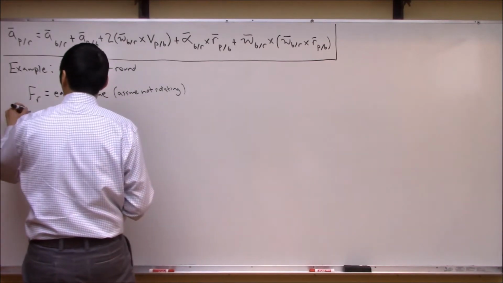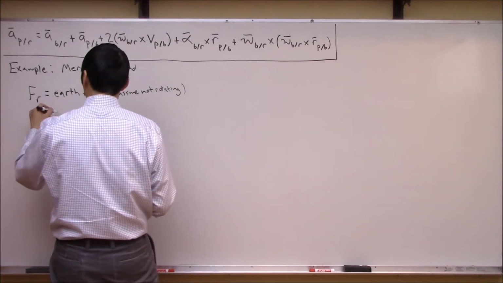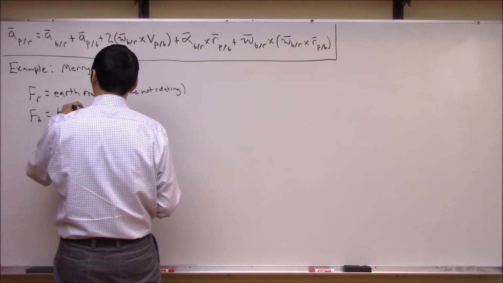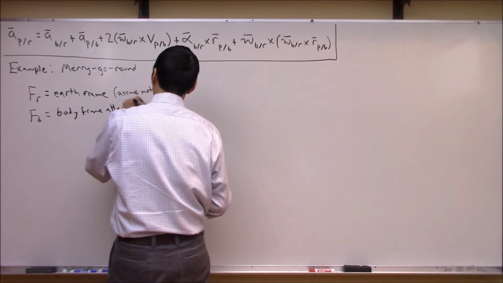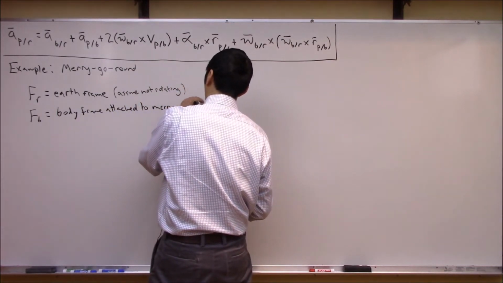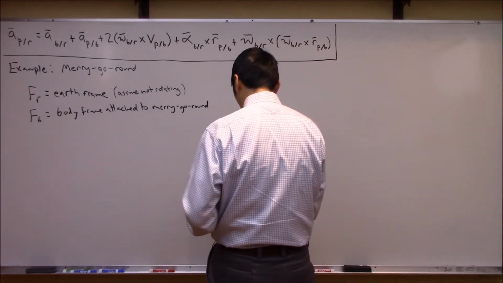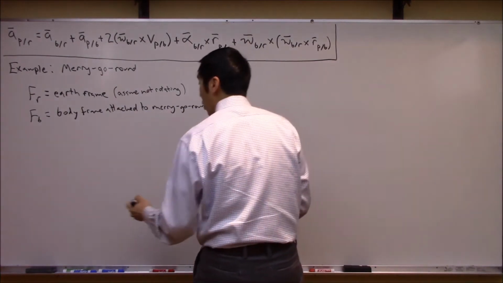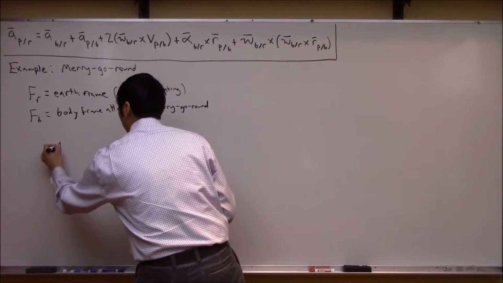And then our body frame here is going to be the merry-go-round, right? So again, this is our body frame attached to the merry-go-round, right? And we showed that in the video, so I'm just going to go ahead and draw this real quick. So we are going to have a reference frame here.